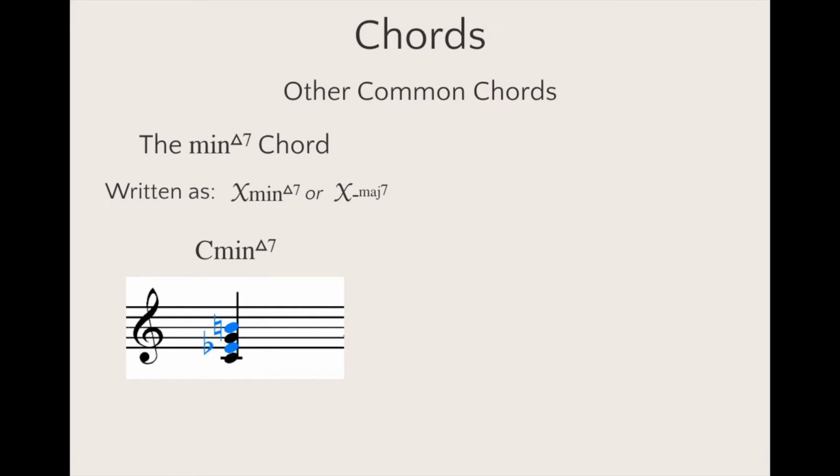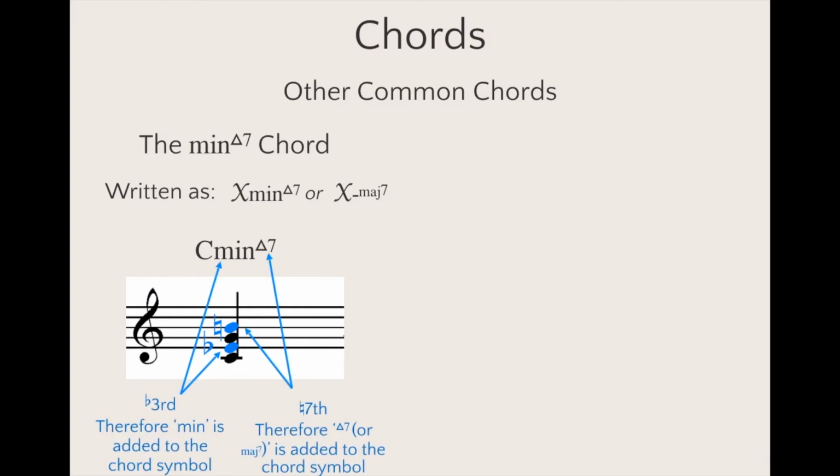The root, or bass note, is C. Then there is a minor third, which gives it the min in the chord symbol spelling, a perfect fifth, which doesn't affect the spelling, and a major 7th, which therefore means we add the triangle sign or a maj sign to the chord symbol spelling. This is what it sounds like. This chord is normally used as a root chord in a minor cadence or a 1 chord in minor harmony.